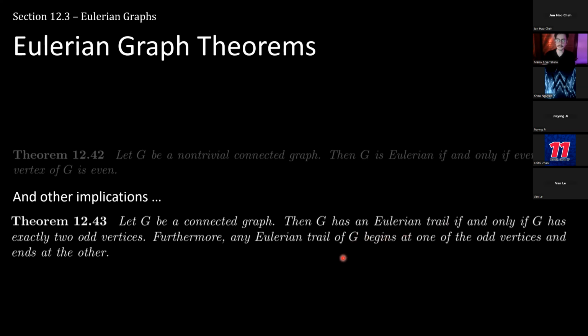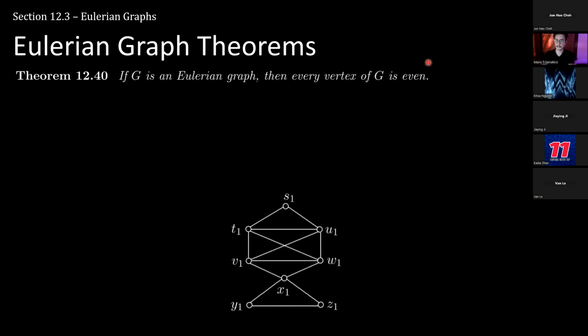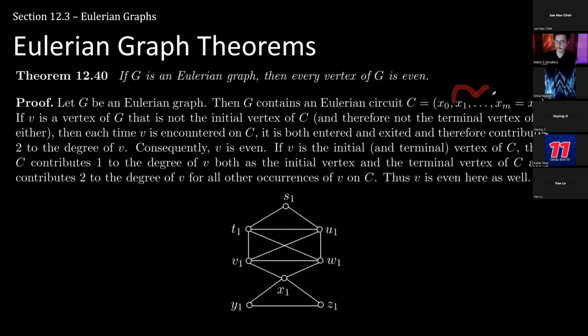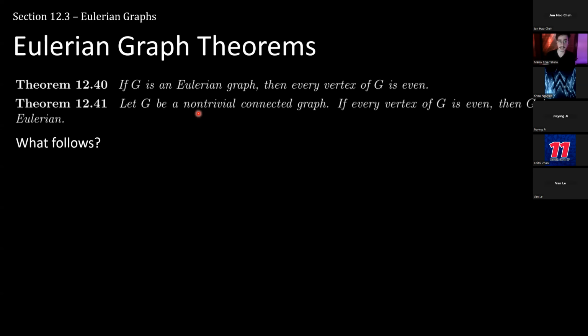If G has exactly 2 odd vertices, then you can actually find an Eulerian trail, because everything in the middle had even degree, and these guys had odd degree. They had degree 1 and 1, and they were the ones at the extremes. So it turns out this if and only if is a really strong condition in consequence of these Eulerian graphs.